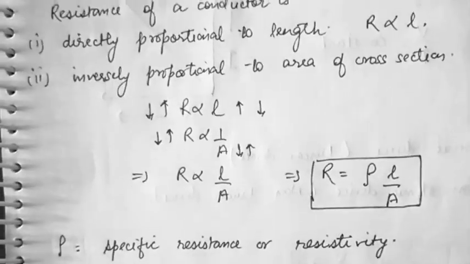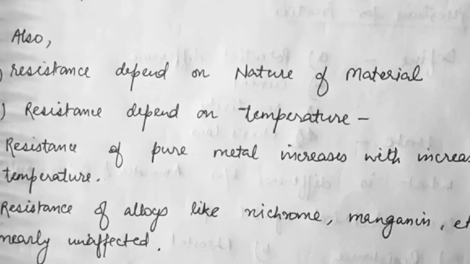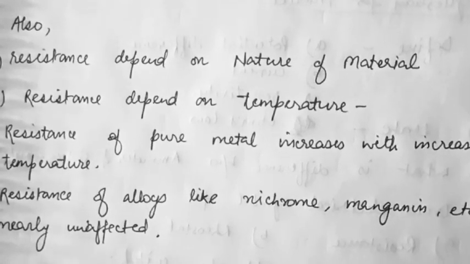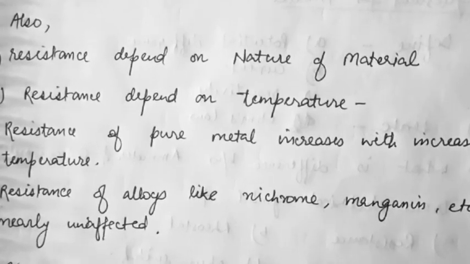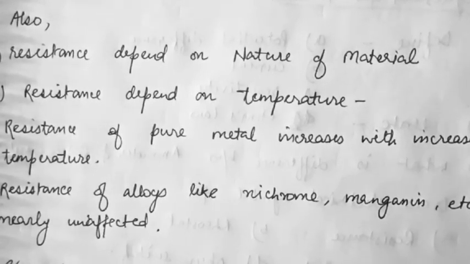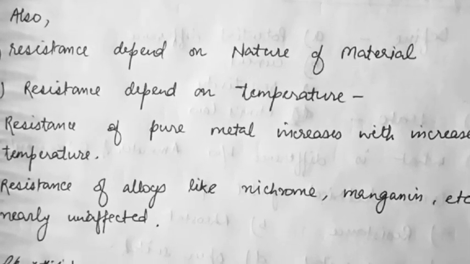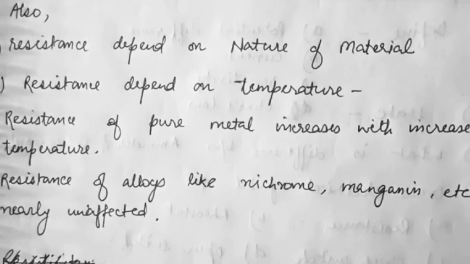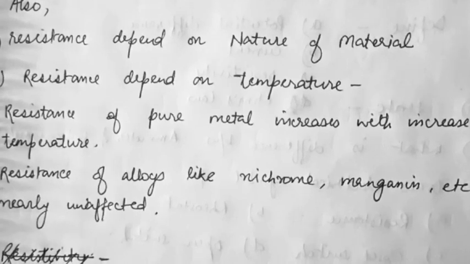So the other factors on which the resistance depends are the nature of the material and temperature. Now, as we studied Ohm's law, we said that under constant physical conditions, and there we saw temperature. So here you will understand that with the temperature increase, the resistance of a pure metal increases. This happens due to the vigorous movement of electrons on getting heated up.